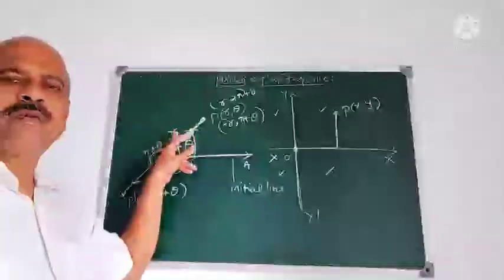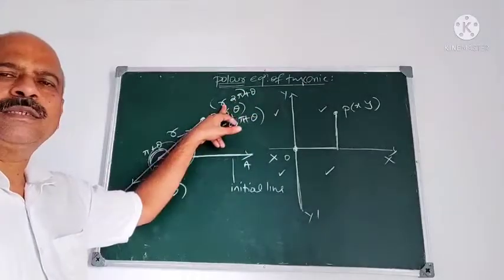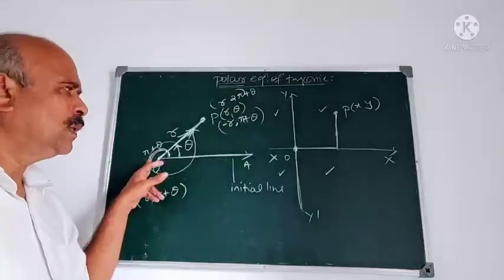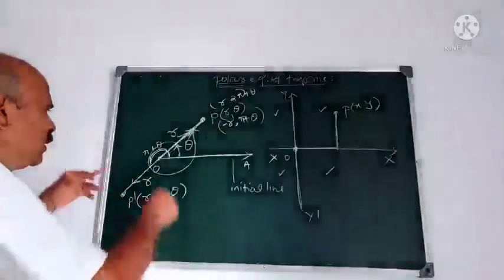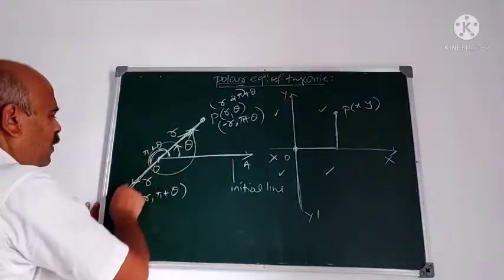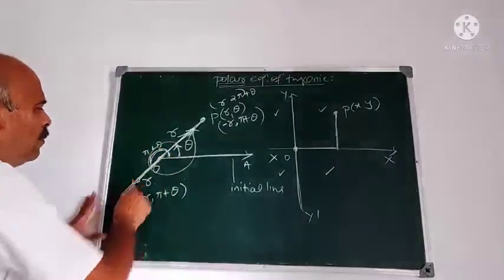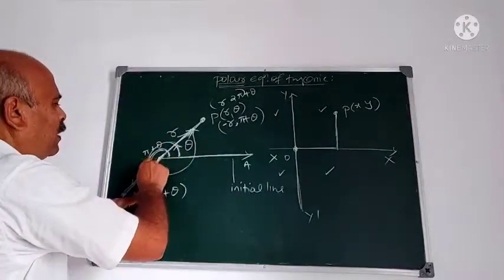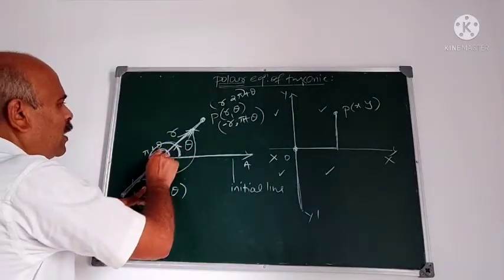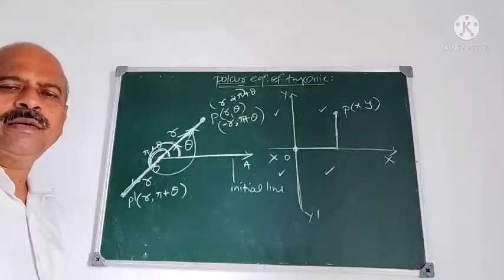We complete one round, but our distance remains the same and it is positive. Here in this case, why is it minus? Because here the line bounding the vectorial angle, the vectorial angle is pi plus theta, but I have taken r in the opposite direction. Therefore minus r, pi plus theta.